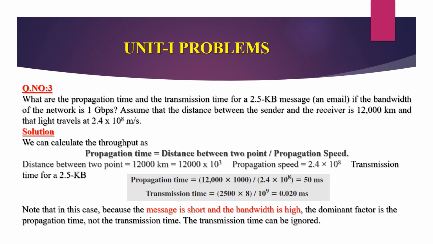So we can calculate the propagation time, which is equal to distance between 2 points divided by the propagation speed, that we know, right? The distance between the 2 points is given as 12,000 kilometers, that is 12,000 into 10 power 3 meter, and the propagation speed is 2.4 into 10 power 8 meter per second.